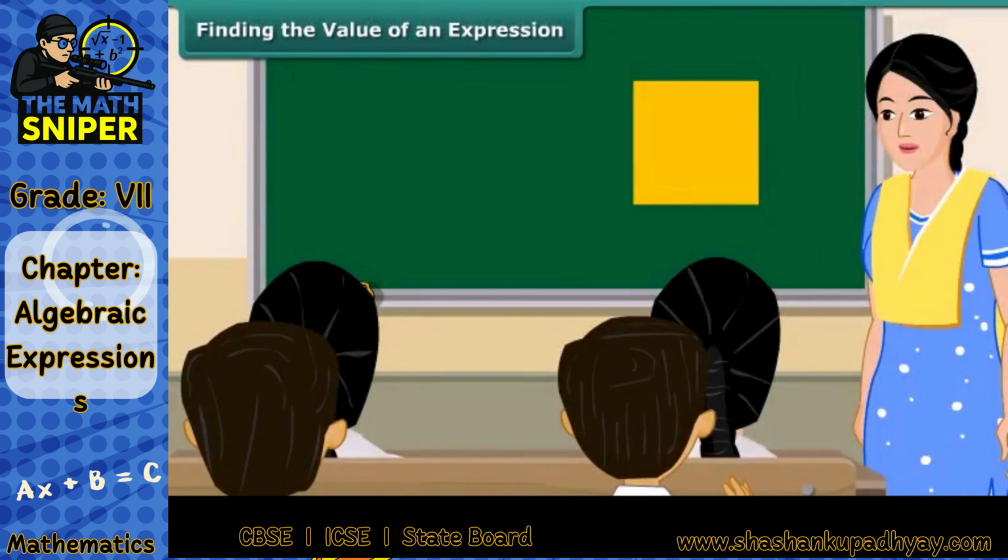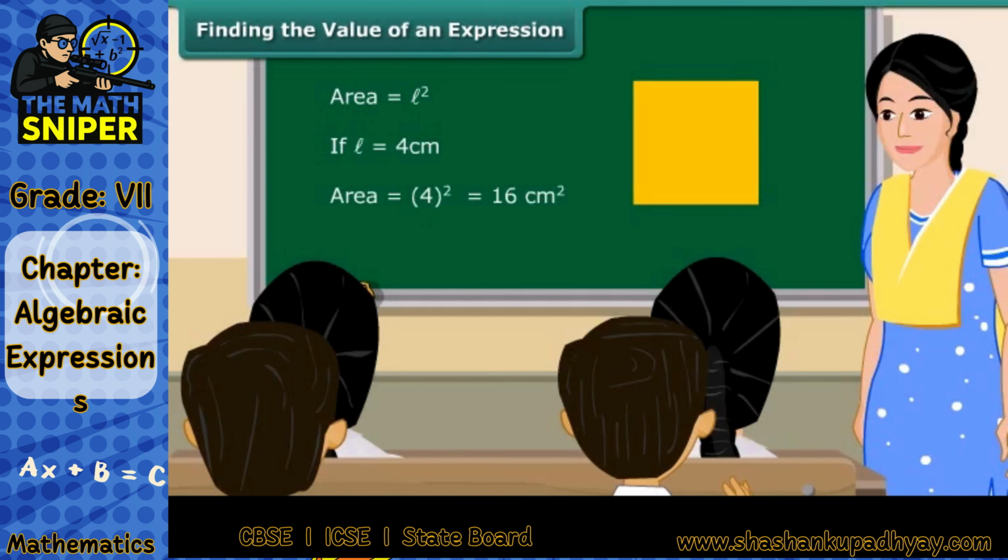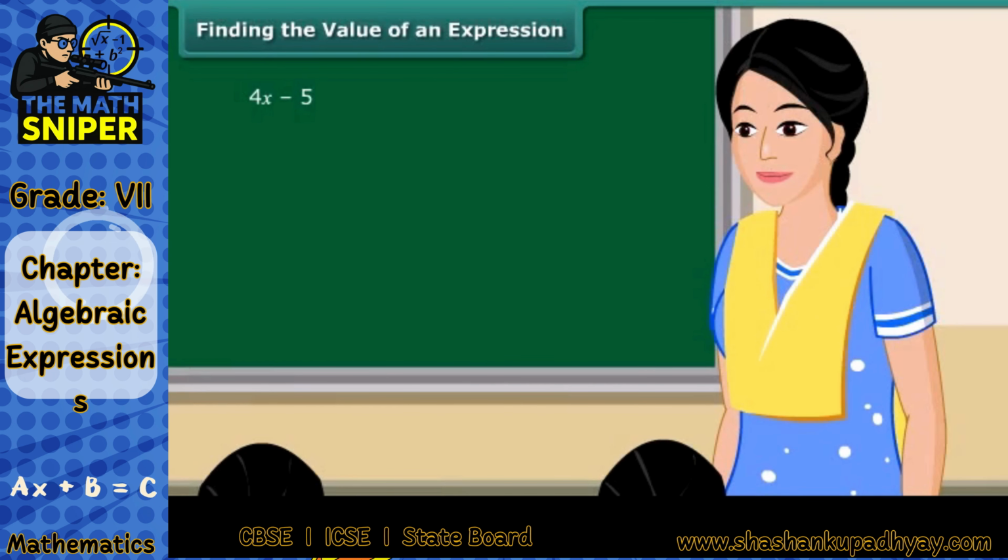See this square? It has an area equal to l square. If the value of l is equal to 4 centimeters, then what would be the area of this square? That's right, it would be 16 centimeters square. So children, there are a number of situations in which we need to find the value of an expression. Consider the expression 4x minus 5.